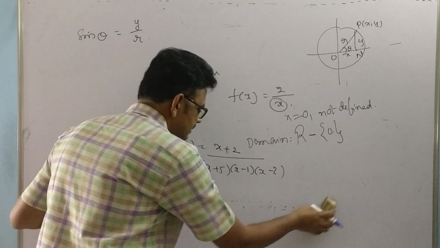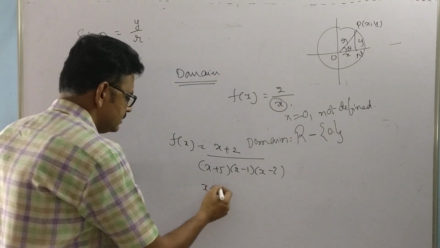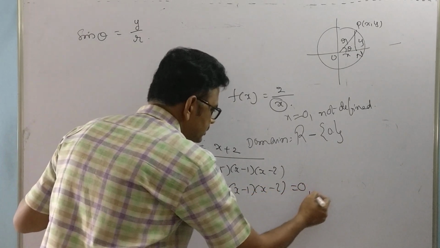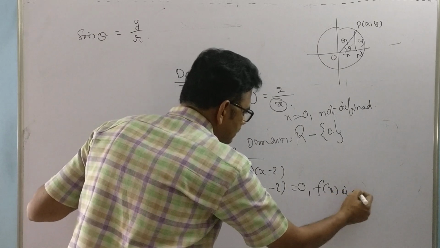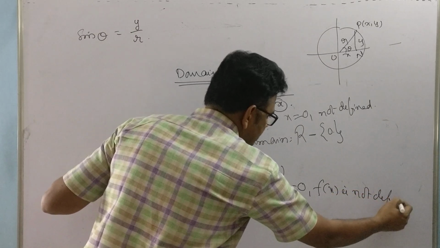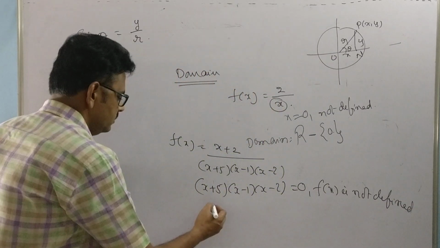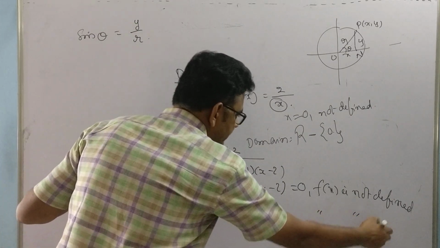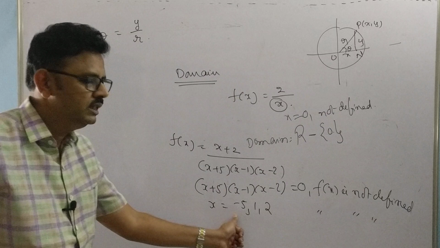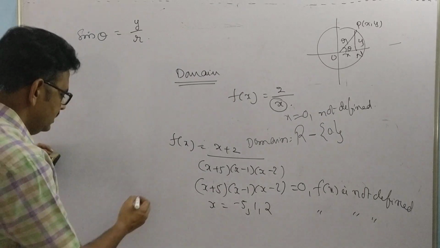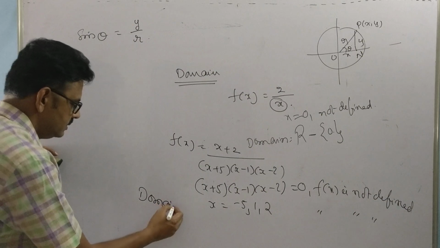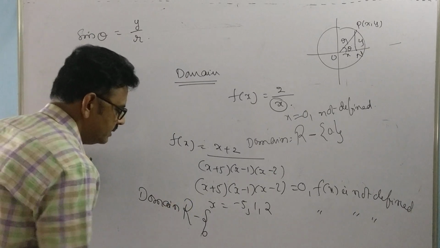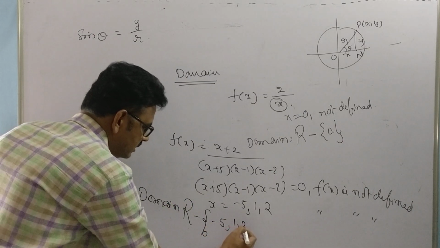If (x plus 5)(x minus 1)(x minus 2) is equal to 0, f of x is not defined. So for x equal to minus 5, 1, 2, f of x is not defined. It is defined excluding these points. Therefore, the domain is the set of all real numbers except the set minus 5, 1, 2.